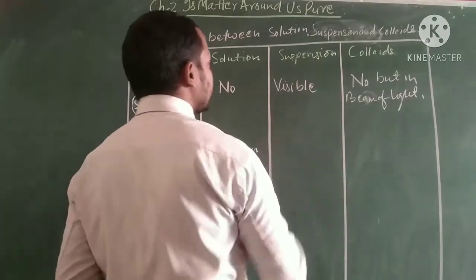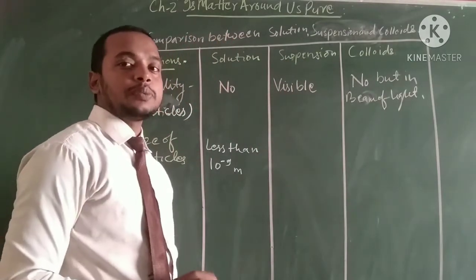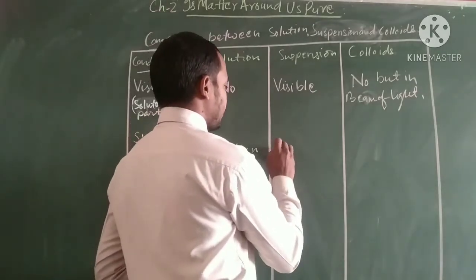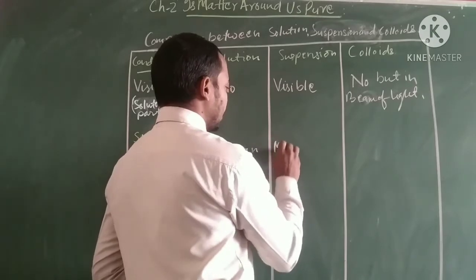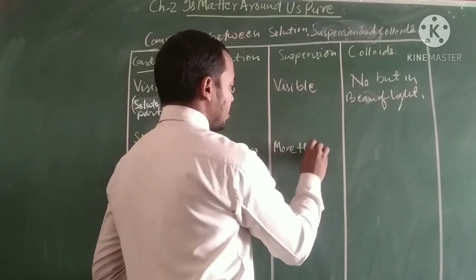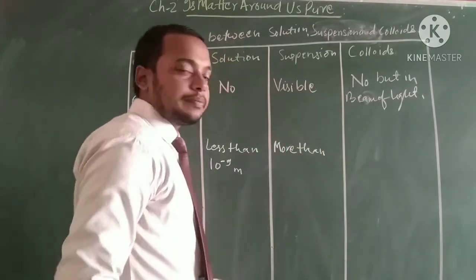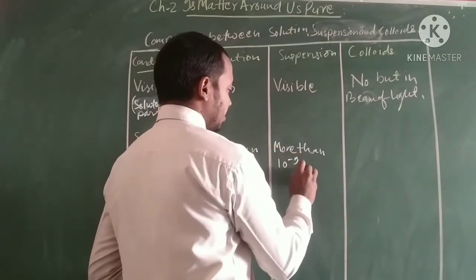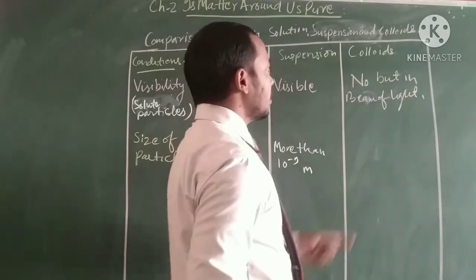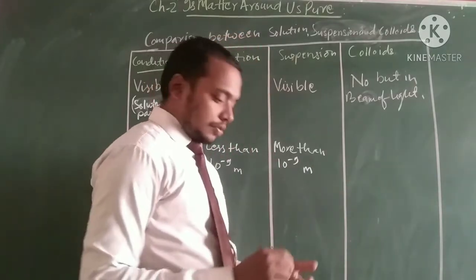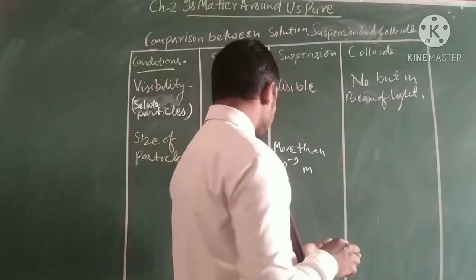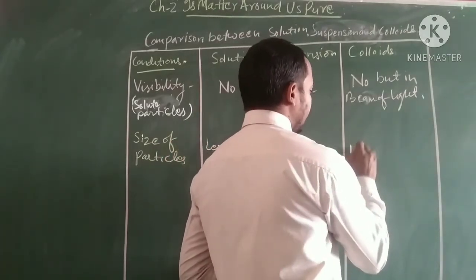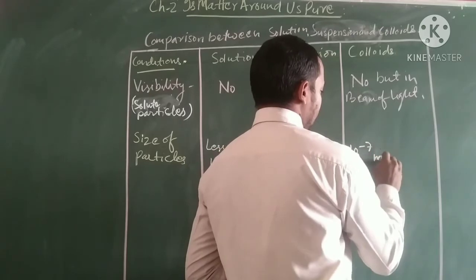In a suspension, the size of solid particles is more than 10 to the power minus 9 meter. For colloids, it is near about 10 to the power minus 7 meter.